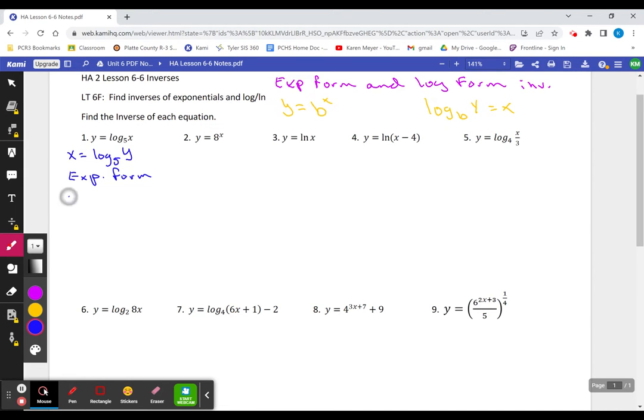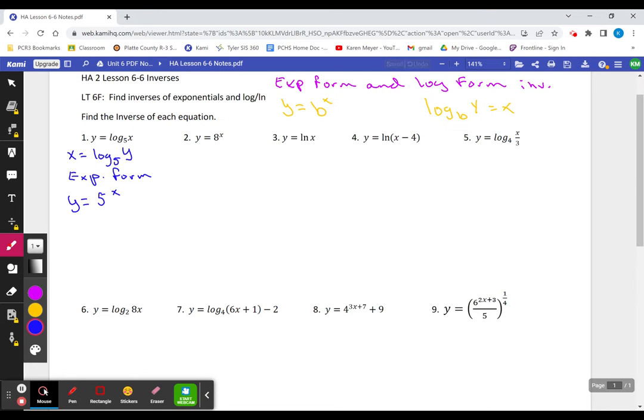So then here I would say y equals base. What's your base for log? And that is the number 5. And then raised to the x. And x is all by itself on the equal sign, which is also our letter x. And then y is by itself, so you don't have to do anything else to solve for y.